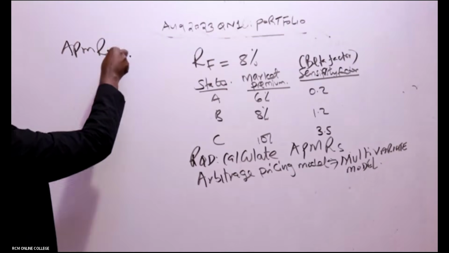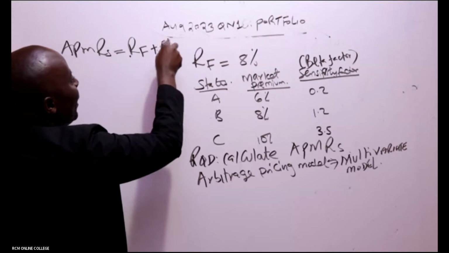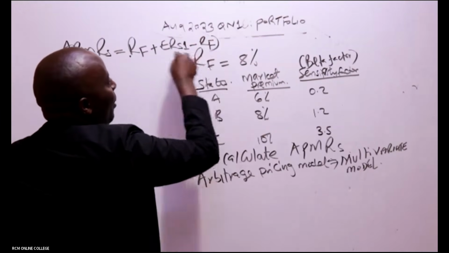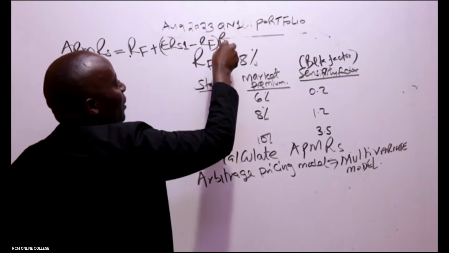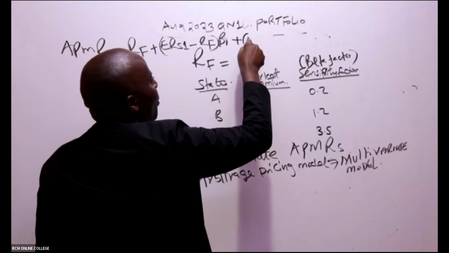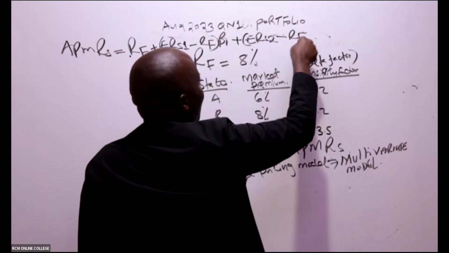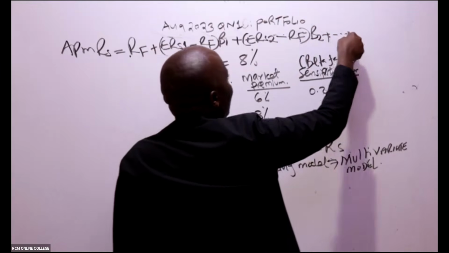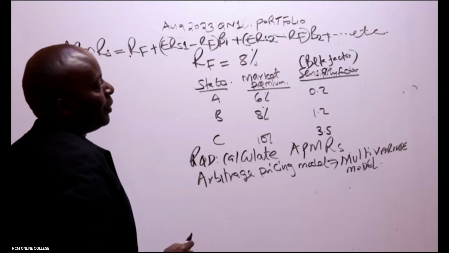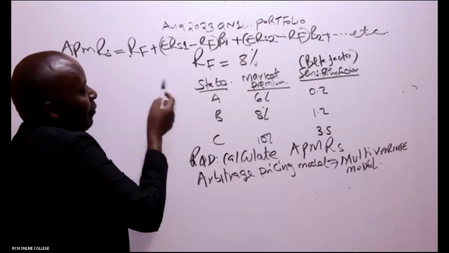APM returns will be risk-free plus expected return of a security given factor 1 minus risk-free multiplied by the sensitivity factor 1, plus, because you have many factors, expected return given factor 2 minus risk-free multiplied by beta 2, plus so on. So remember, it is the normal CAPM, except that now we have many factors.